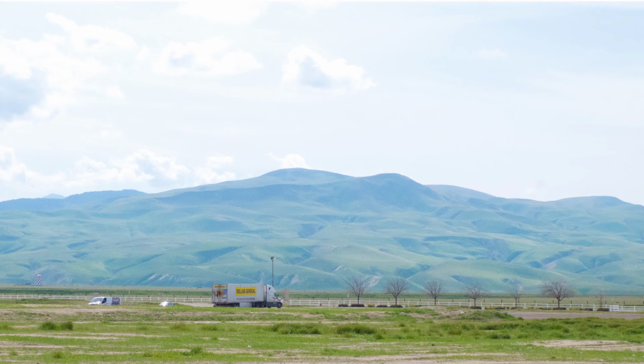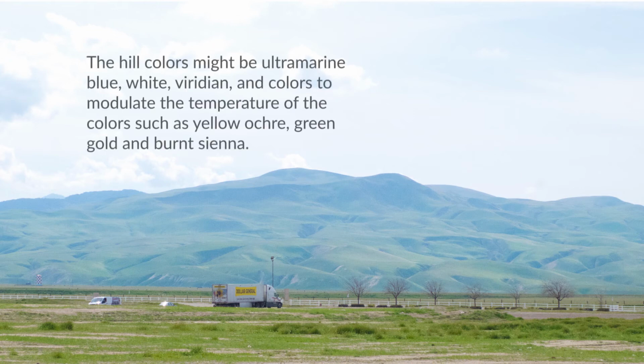So from there, I could go to my hill and try and mix a base color for that. And that's going to be, I would say, ultramarine blue, maybe a little bit of viridian, less titanium white than my sky, of course, and something to modulate the color temperature that I see.